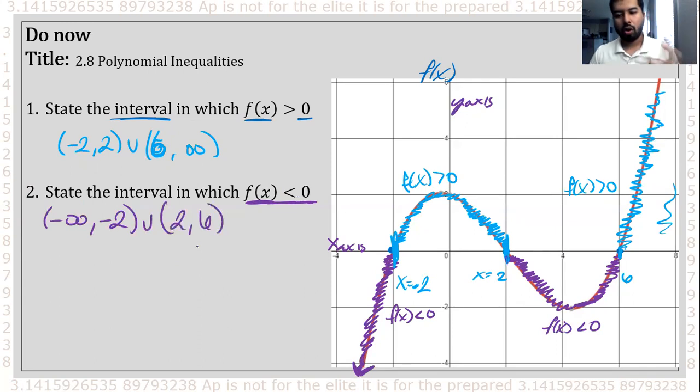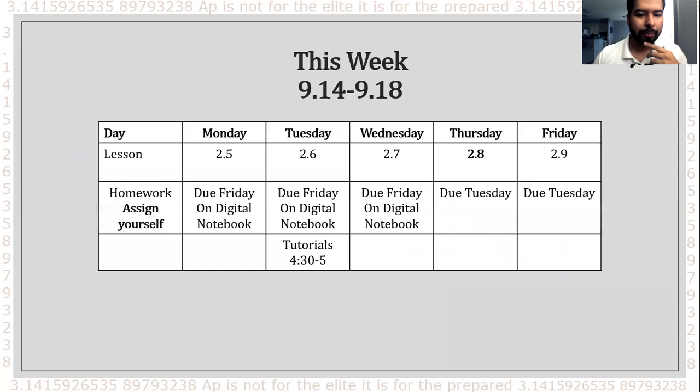So all of that purple is the region where the graph is below the x-axis, where the y's are less than 0.